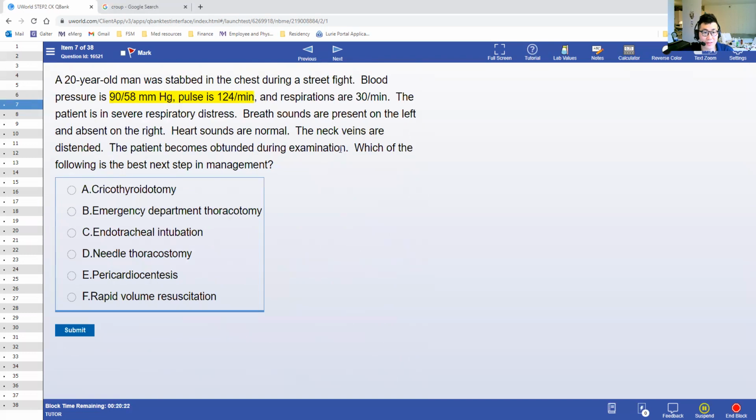I have a strong feeling this guy got some kind of tension pneumothorax here, since especially neck veins are distended. And you do not get a chest X-ray for these cases to confirm it per se. You just immediately have to decompress the chest.